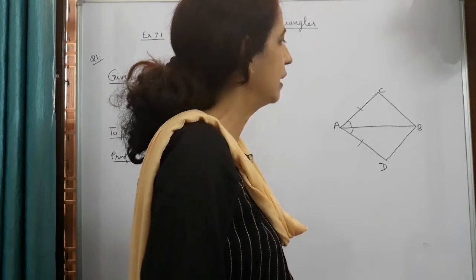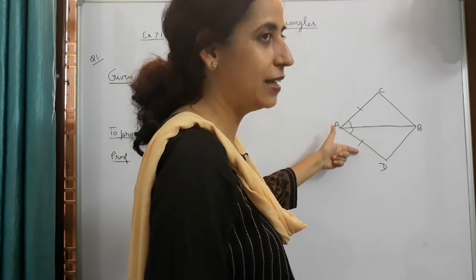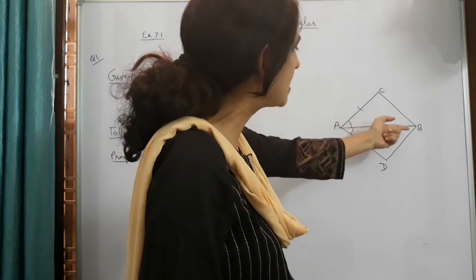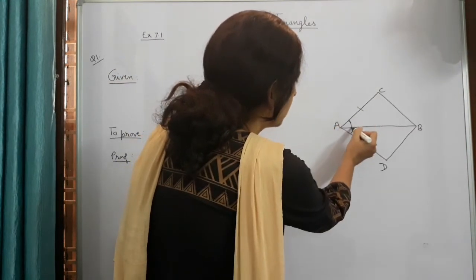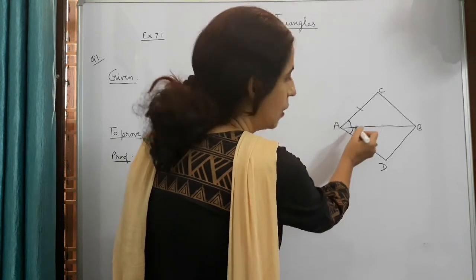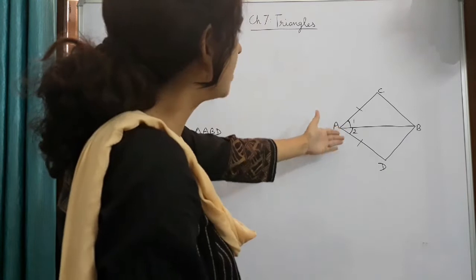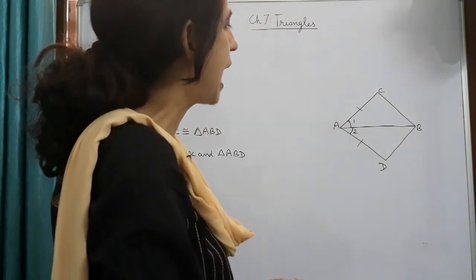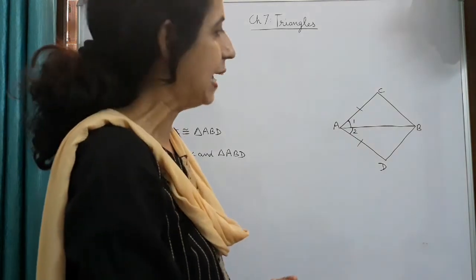In this figure it is given to us that AC is equal to AD, AB bisects angle A. It means that this angle is equal to this angle. We name it as angle 1 and angle 2. So angle 1 is equal to angle 2, and we have to prove that triangle ABC is congruent to triangle ABD.